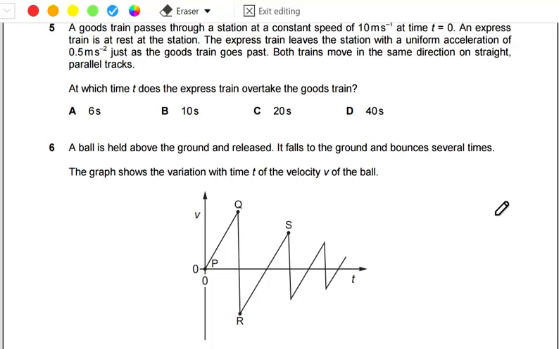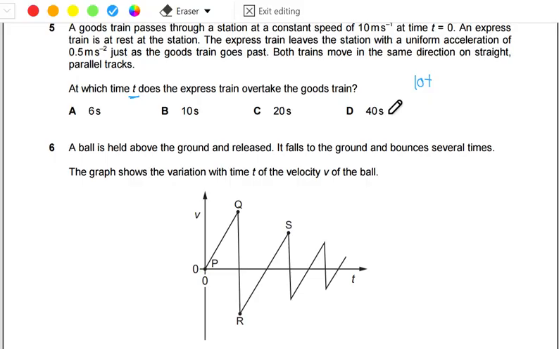Let us assume that, or it states that it is t. T is the time at which the express train overtakes the goods train. This time for the goods train means the goods train cuts 10t distance.